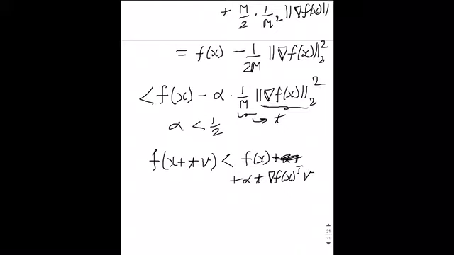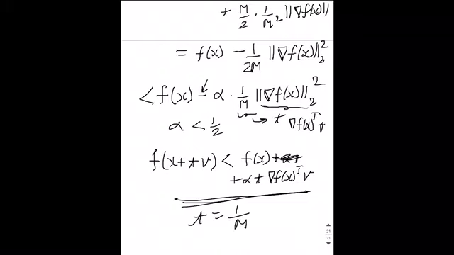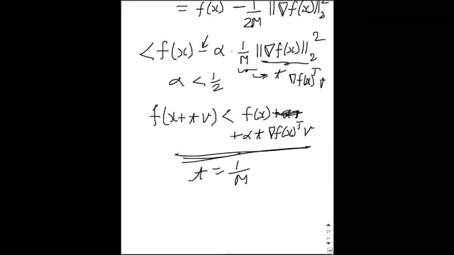So basically we can write this with gradient of f of x transpose v, and the minus sign from here will cancel this minus sign. So this is the backtracking exit condition. Certainly for t equal to 1 by m, this exit condition is satisfied.